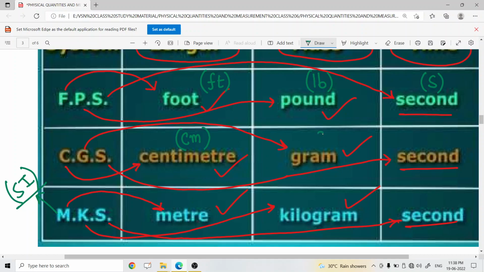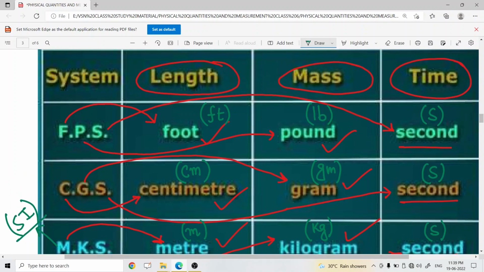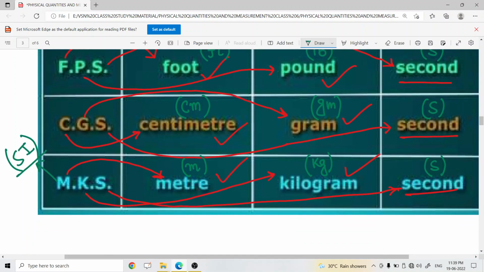Gram, gm is the symbol of gram, and second we already know, s. For meter we use small m. For kilogram we use small k and small g, and second we already know, s. So these are the three unit systems. Also we now know the units of different quantities like length, mass, and time.